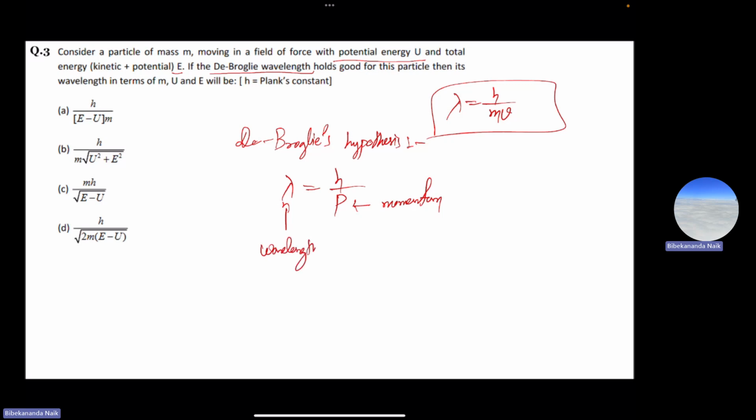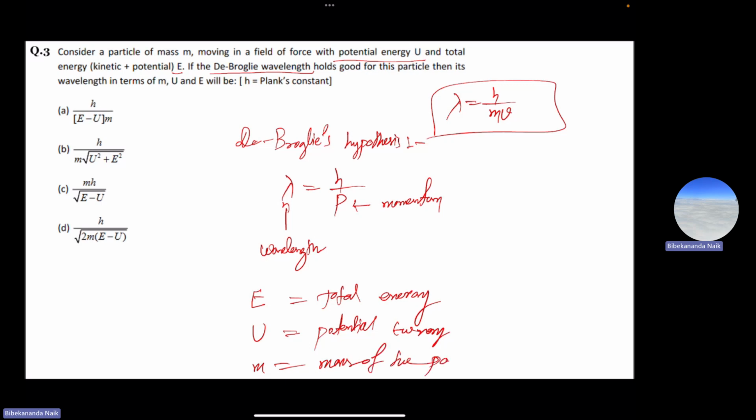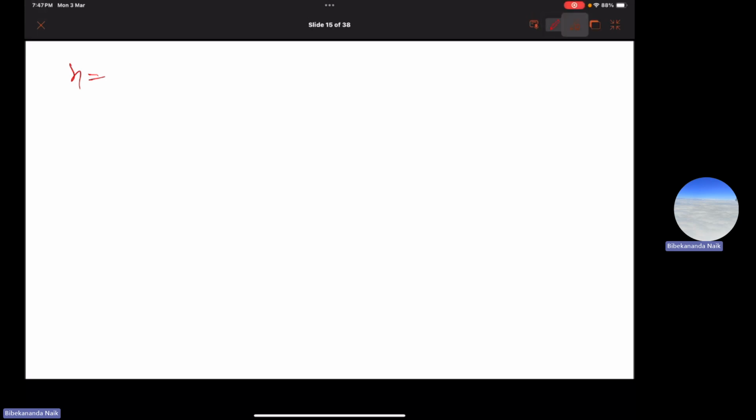Now in our question it is given that potential energy is U, total energy is E, and m is the mass of the particle.